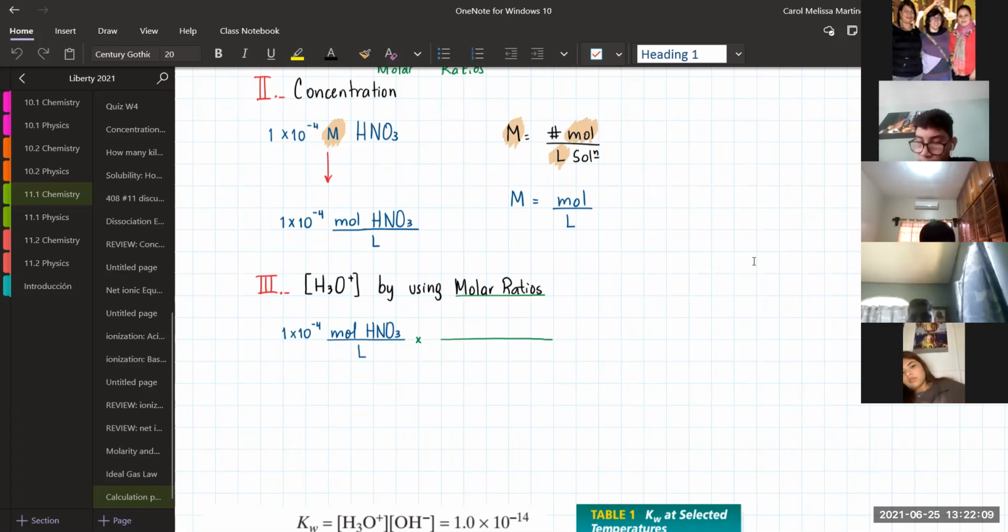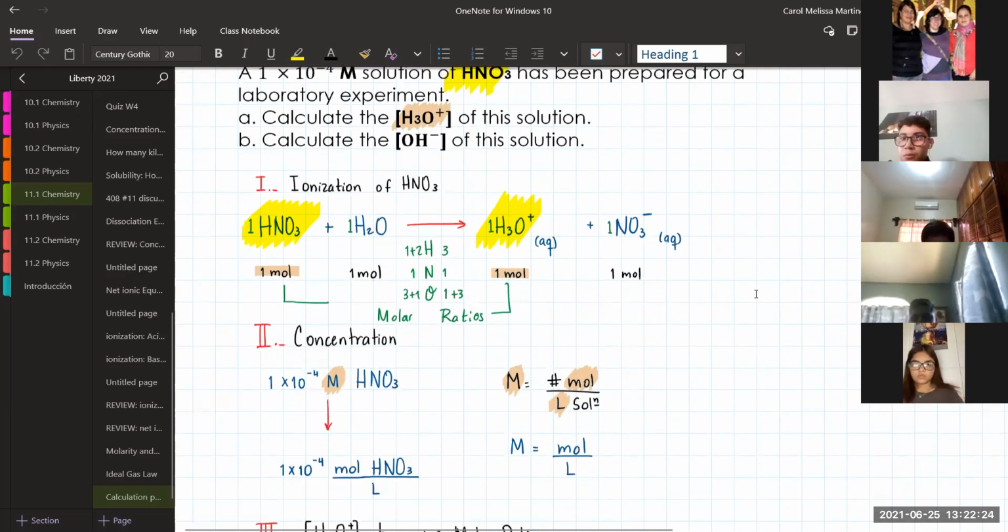Remember, this is the given and this is the unknown. We already established that the molar ratio between the two is 1 mole of nitric acid against 1 mole of hydronium ions.